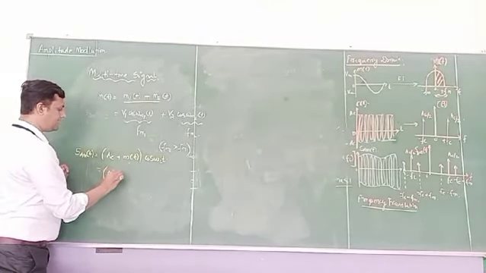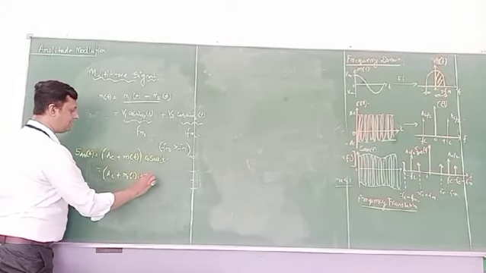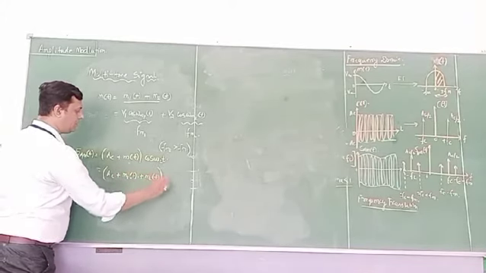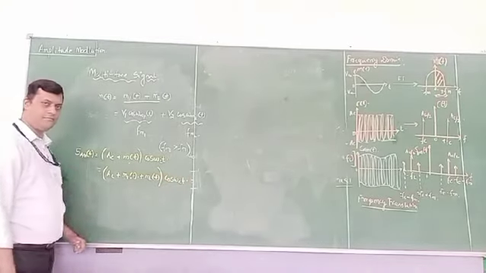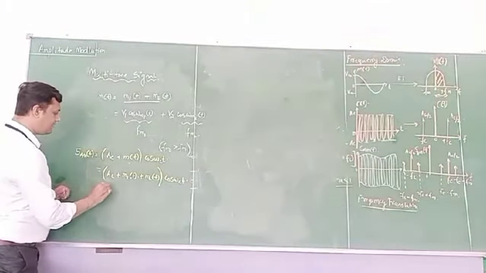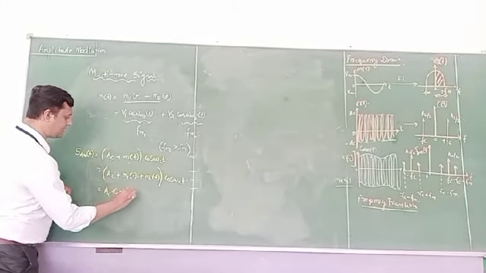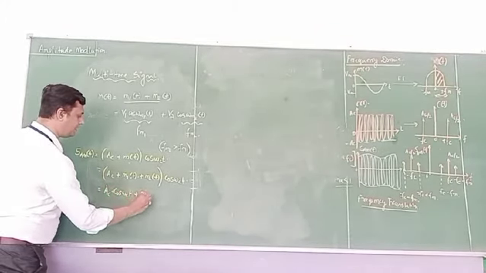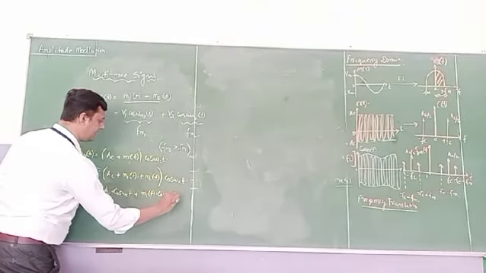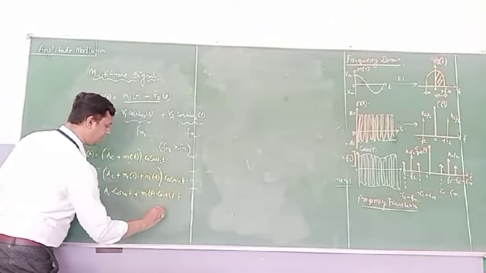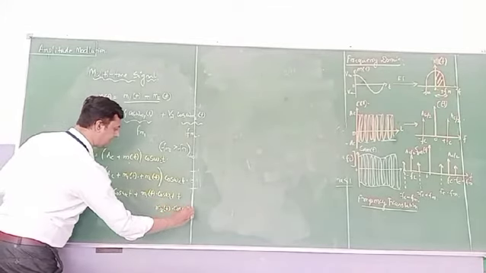So it is Ac plus m1 of t plus m2 of t, whole into cos omega c. Then expand this. So we will get Ac into cos omega ct plus m1 of t cos omega ct plus m2 of t cos omega ct.